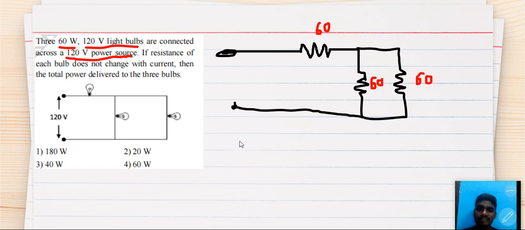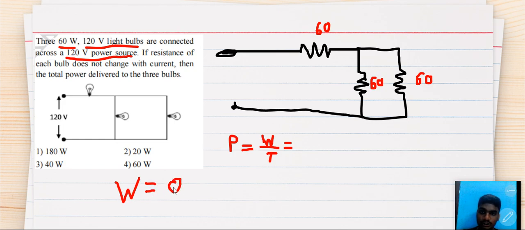The relation between the power and the resistance: power is equal to work done by time, which everyone knows. Work done is nothing but force into displacement. So here the work done is going to be charge q into the potential difference.